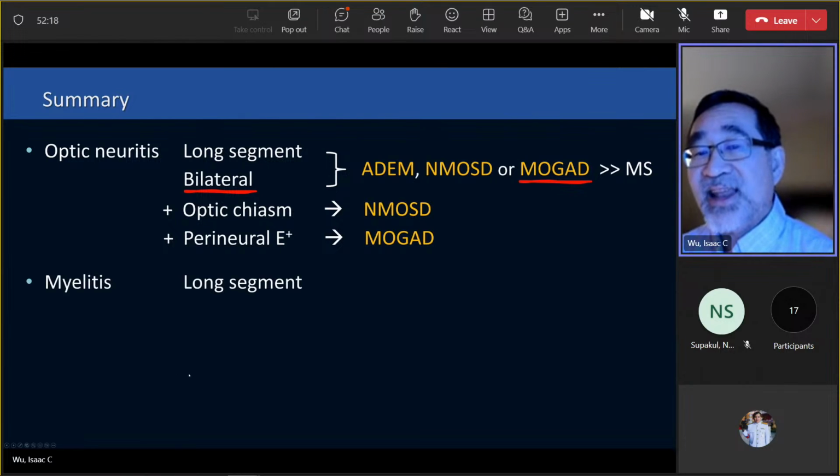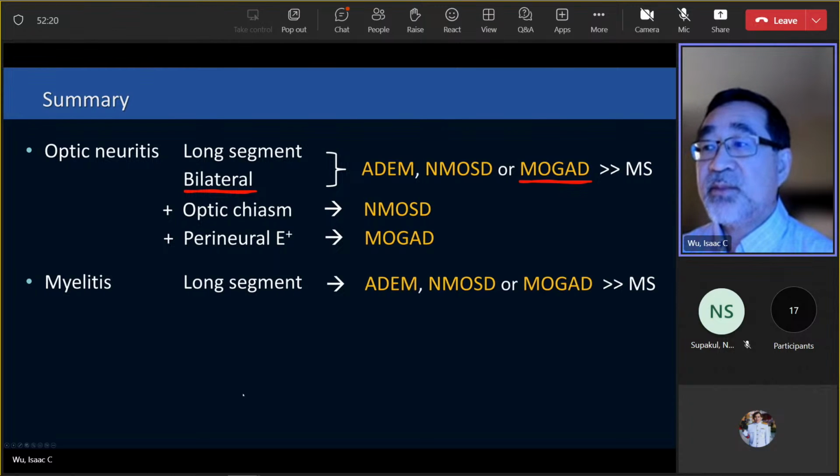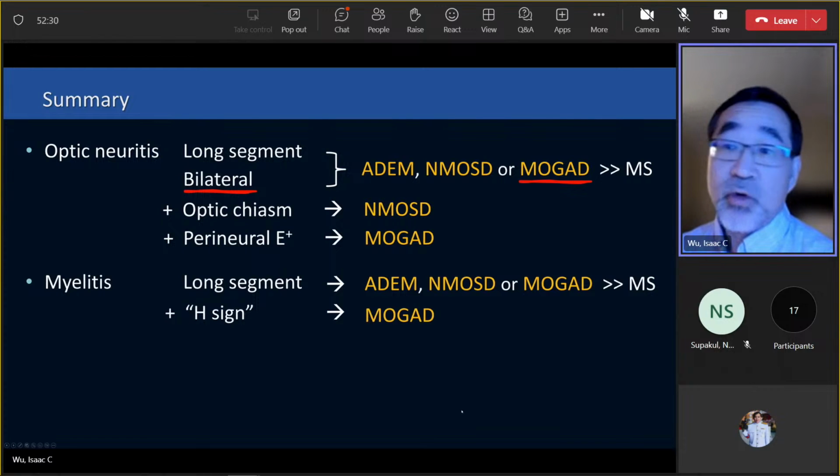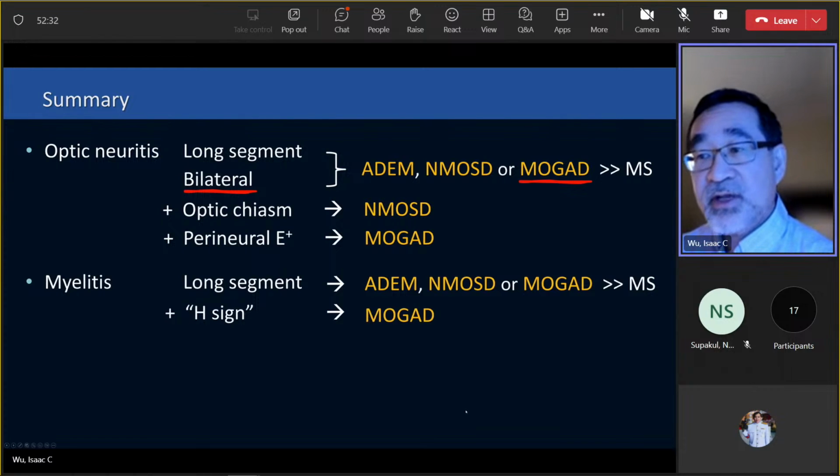For transverse myelitis, if it's long segmented, think about ADEM, NMO, MOGAD more so than MS. If you see the H sign, perhaps think about MOGAD, even though, like I said, I haven't seen a lot of the H sign in real life.